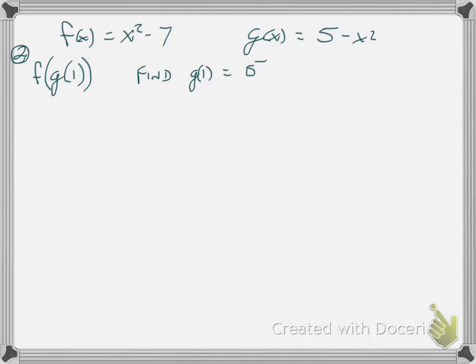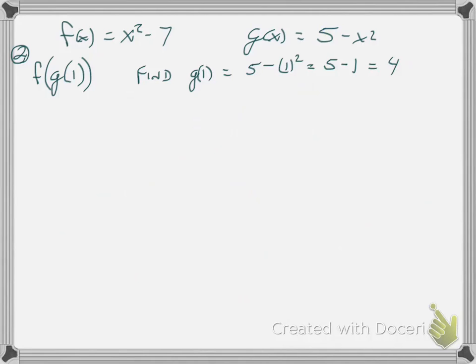So I get 5 minus 1 squared. You're not squaring the negative 1, you're squaring the x, and the x here is positive 1. The minus comes after you square it. So 5 minus 1 is 4.